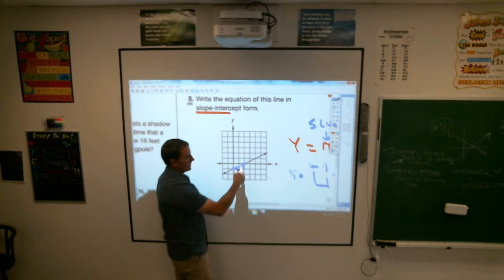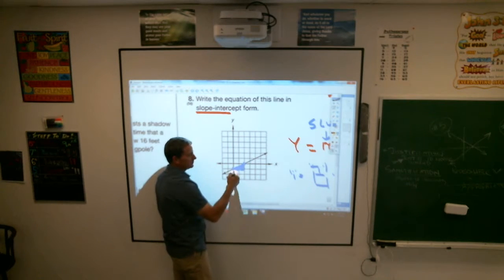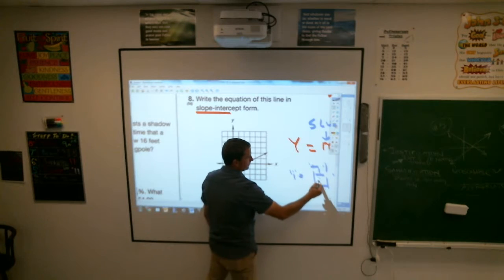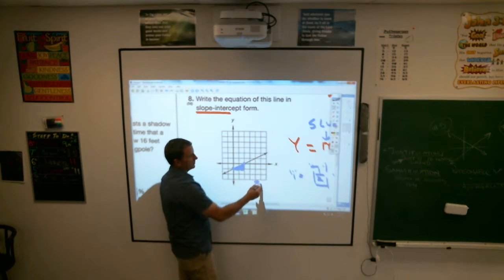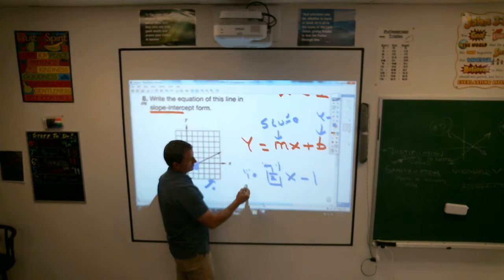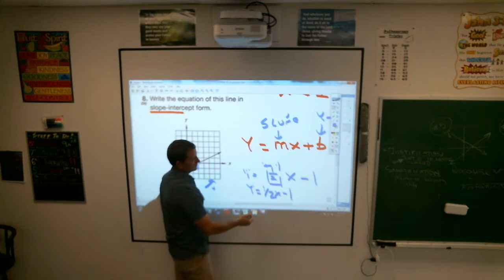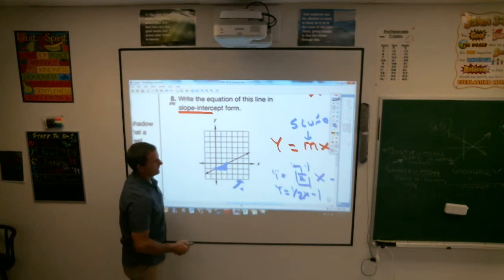And slope is how high is that triangle? It's 1 high over how wide is that triangle? 2 units wide. It's going uphill, so it's a positive slope. So, y equals 1/2 x minus 1. Did it a lot last year.